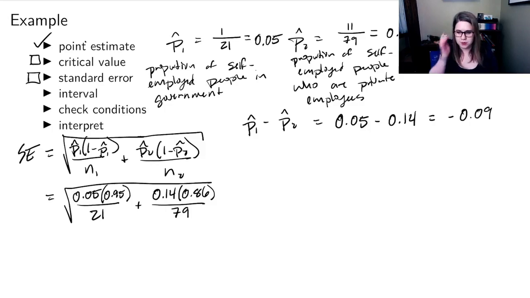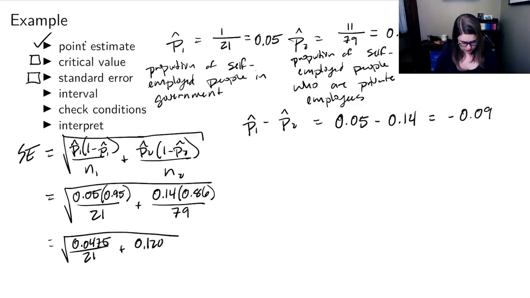So maybe I'll just do those multiplications on the top of the fractions and then rewrite. I've got 0.0475 over 21 plus 0.1204 over 79. And then let's do that division. 0.0475 divided by 21. Oh my gosh, these are getting really small.